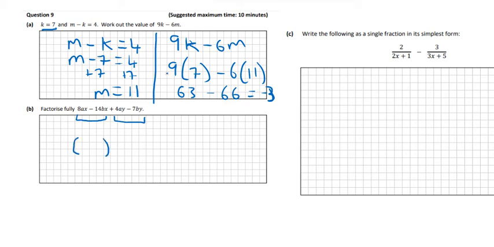So we can take out 2x out of the first two. And when you take 2x out of 8ax, we're left with 4a. And then when you take 2x out of minus 14bx, we're left with minus 7b.